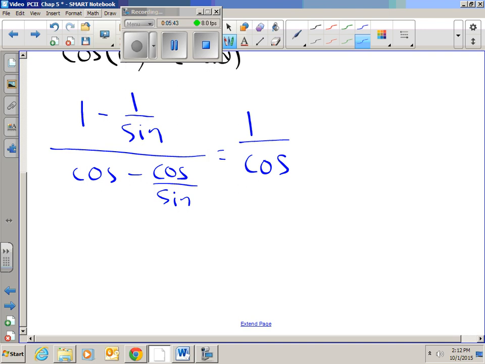Huh. I think now I want to try to get a common denominator. Actually, I see something else, but I'm gonna do it the easy way. I'm gonna factor the cosine out of the denominator of this fraction.